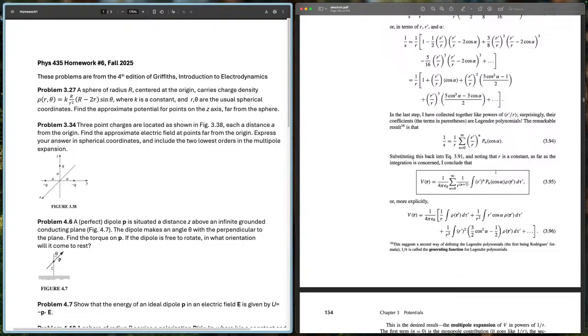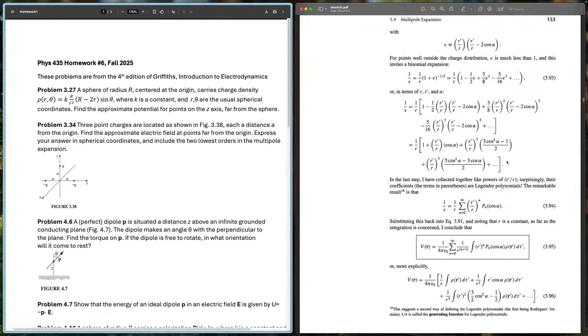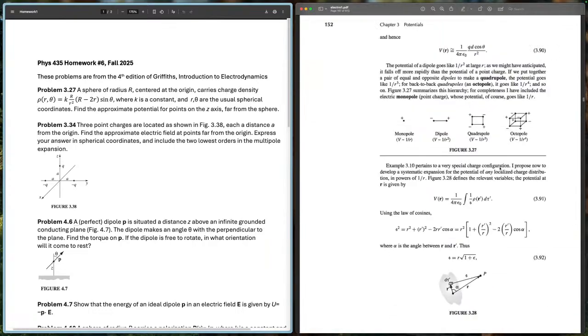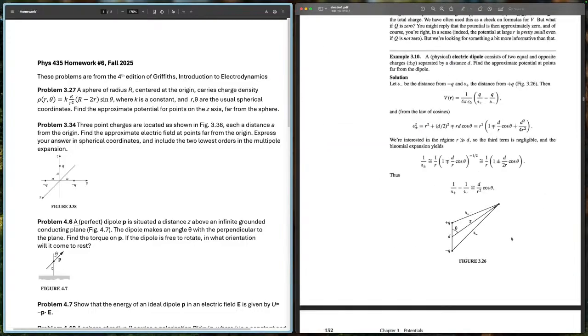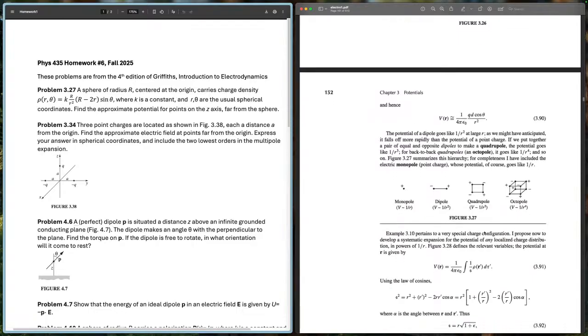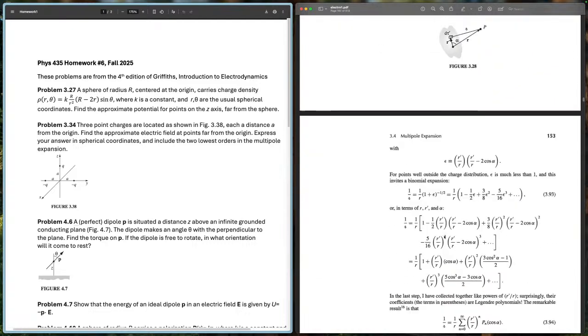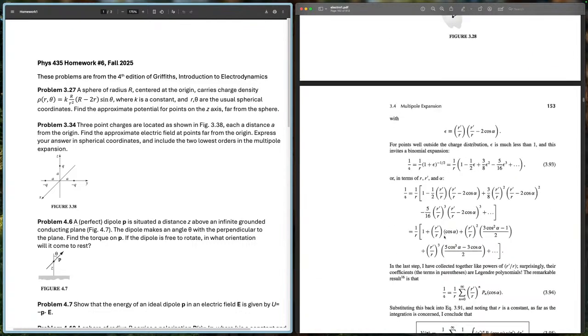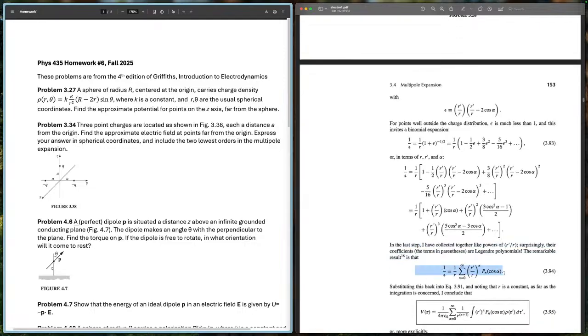Okay. So this is some result over here. Okay, so it does expansion using Legendre polynomials.